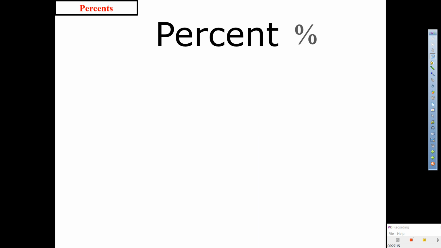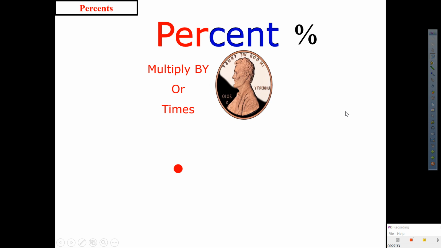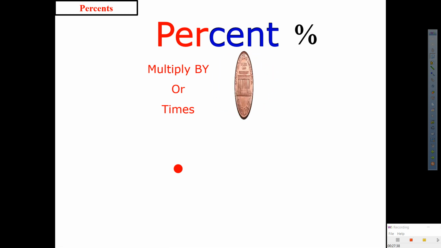You guys heard it before, yes? Yeah, so percent is made out of 2 words. The first one is per. What does per mean? It means multiply by or times. Symbol used, a dot. I'm going to use a big dot for multiplication, okay? The second part you've heard before, cent. You guys seen that before, yes?